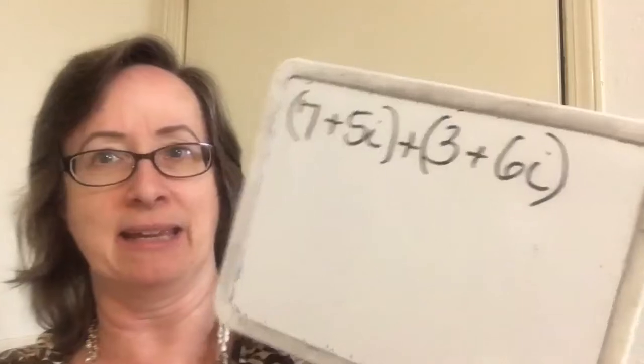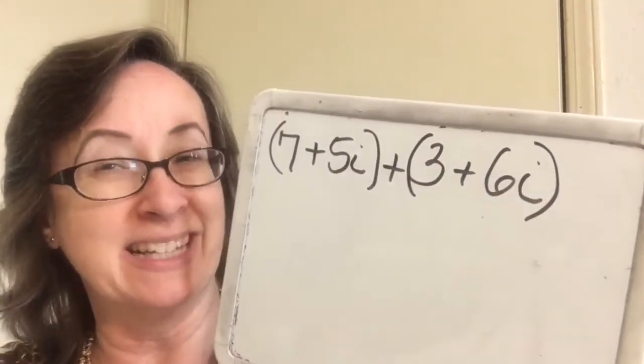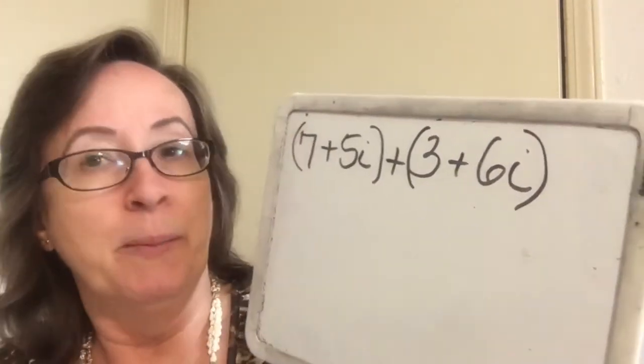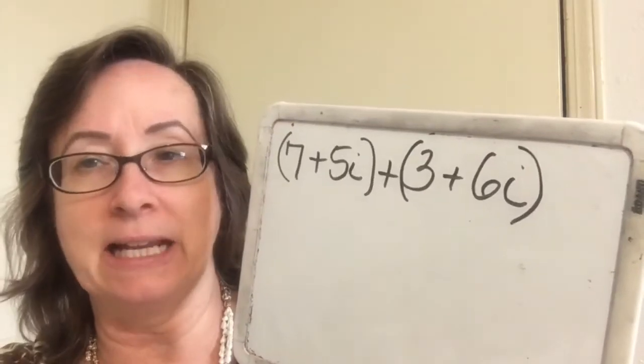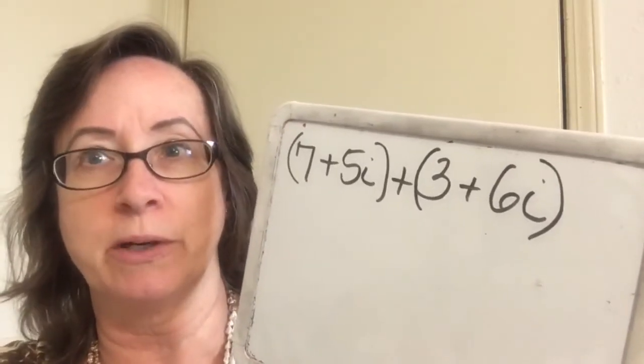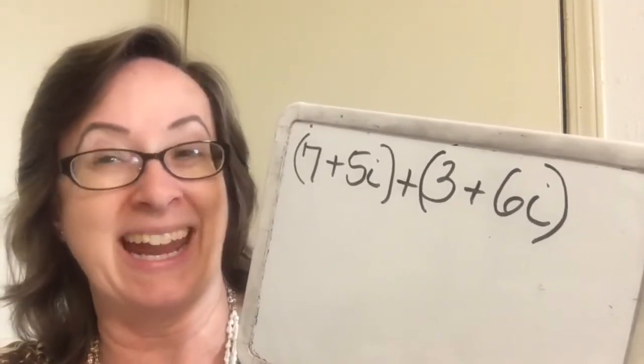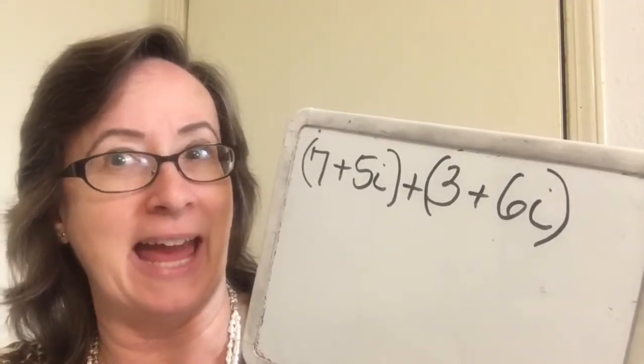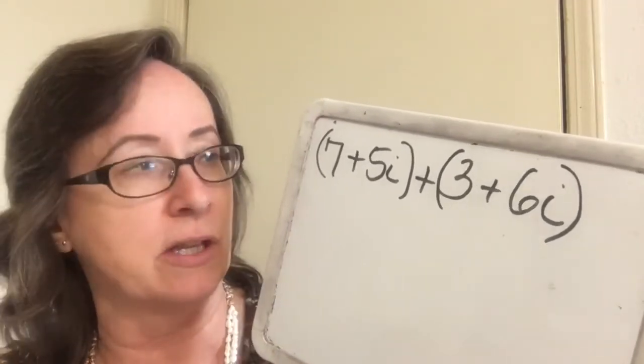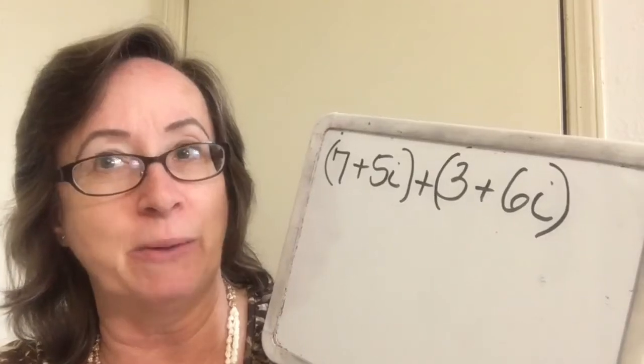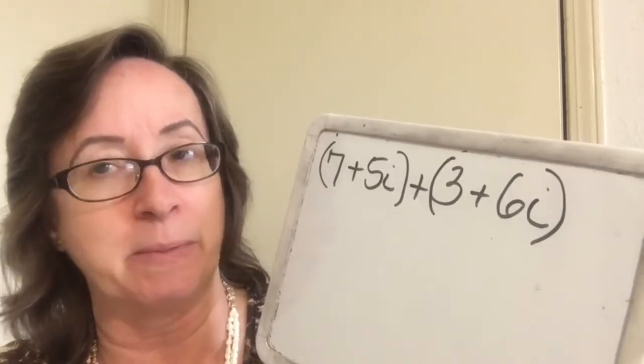So now we're talking about adding and subtracting complex numbers. And this is very easy, because we've been adding like terms since you were in elementary school. If you were going to add fractions together, you had to add like denominators. When you got into algebra, you had to add like variable parts.